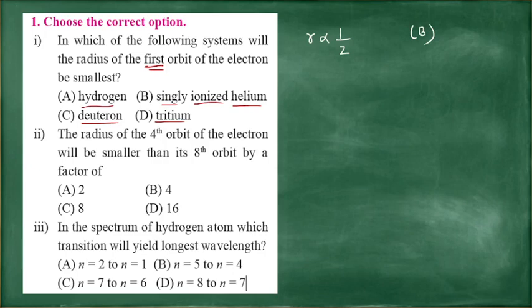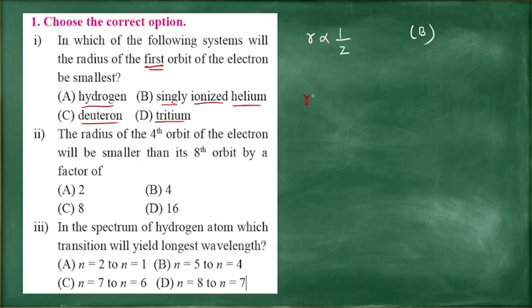Second MCQ. The radius of fourth orbit of the electron will be smaller than its eighth orbit by a factor of 2, 4, 8, 16. The electron is in the same atom, so Z is same, so don't consider proportionality with Z, only consider proportionality with principal quantum number.